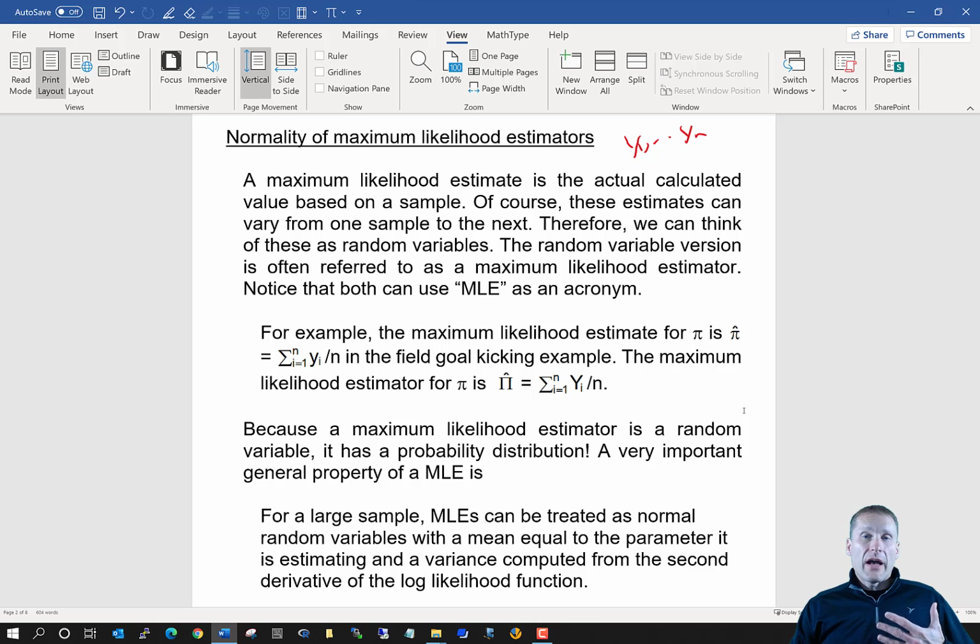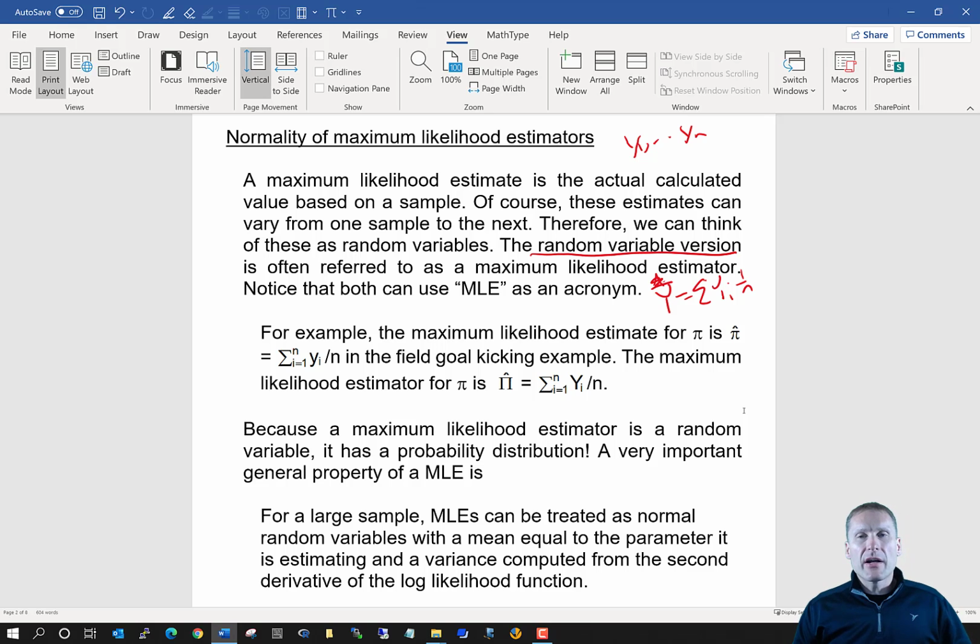Now, as you might expect, the maximum likelihood estimate, the actual computed value, is going to vary from one sample to the next. Therefore, we can think of these maximum likelihood estimates essentially as random variables. In the random variable version, let's say, Y bar is equal to the sum of the capital Y sub i's times 1 over n.